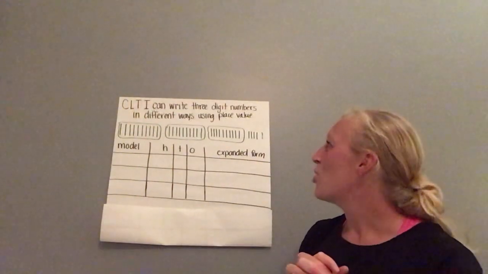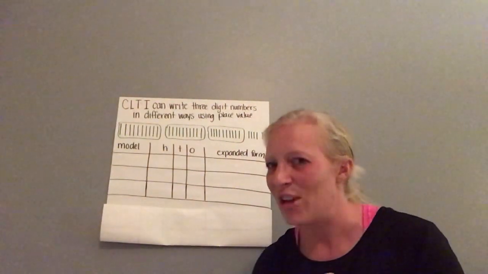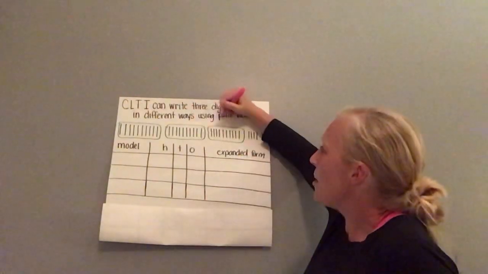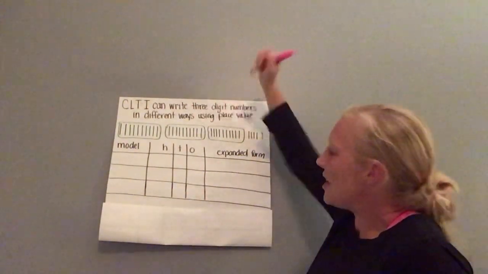I can write three-digit numbers in different ways using place value. Yesterday I talked to you about that word place value, and what that means, remember, is that each digit, whether it's the tens digit or the hundreds digit or the ones digit, each place that it's in a number has a different value.